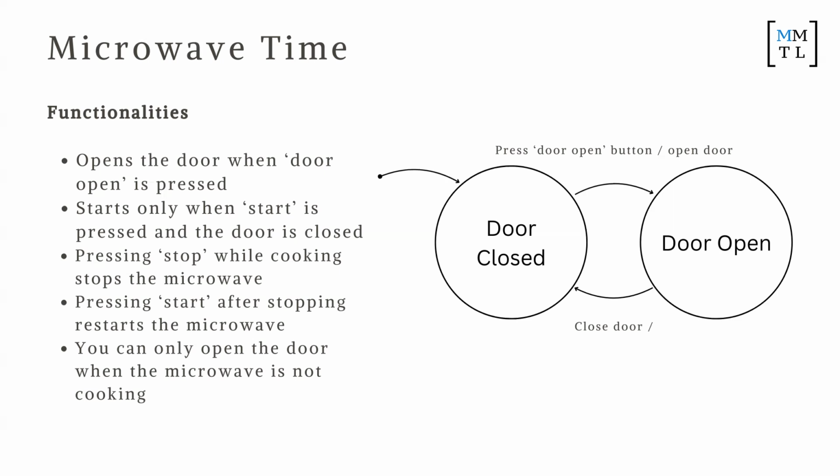You still get two arrows. So it's also going to be two states, isn't it? You can start with the door closing. Yeah, maybe, yeah.